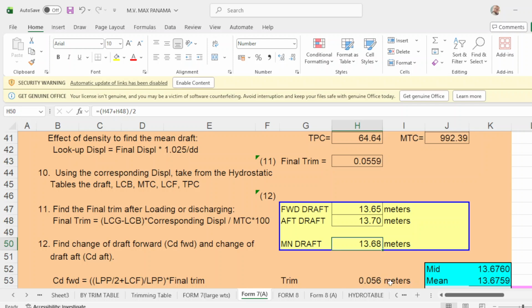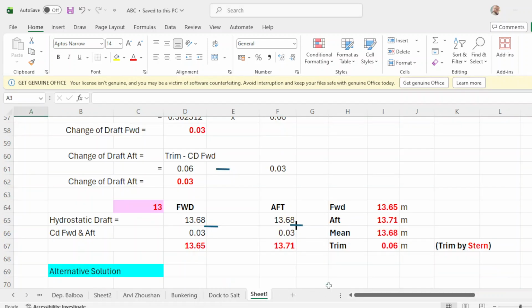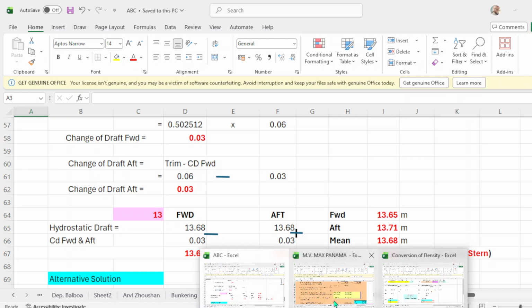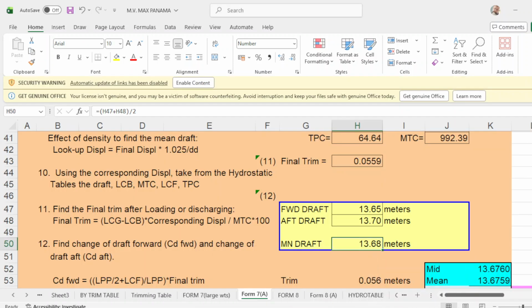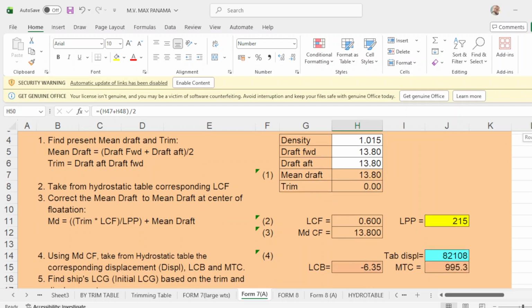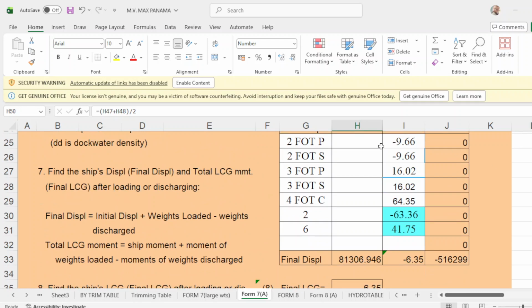Oh, see? So that's why the manual is 6 centimeters. But anyway, I will proceed with this manual. By the way, to use this program, all you have to do is put your density at berth, put the draft forward and aft, and the next thing to do, you don't add cargoes, you don't discharge.